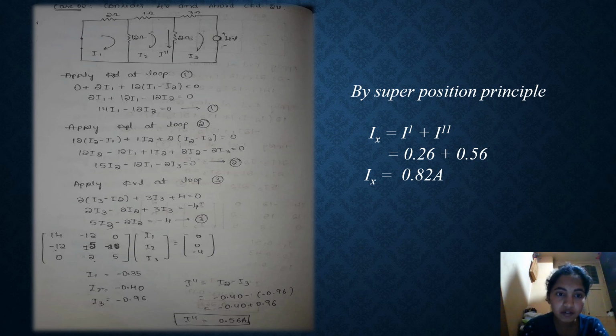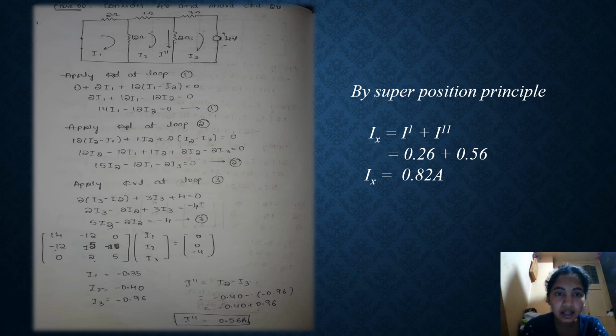It is 14 i1 minus 12 i2 is equal to 0, equation 1. So let us apply KVL at loop 2. That is 12 i2 minus i1 plus 1 i2 plus 2 i2 minus i3 is equal to 0, that is 12 i2 minus 12 i1 plus 1 i2 plus 2 i2 minus 2 i3 is equal to 0. Then the equation will be 15 i2 minus 12 i1 minus 2 i3 is equal to 0, that is equation 2.